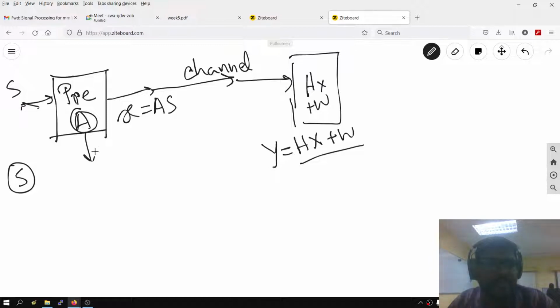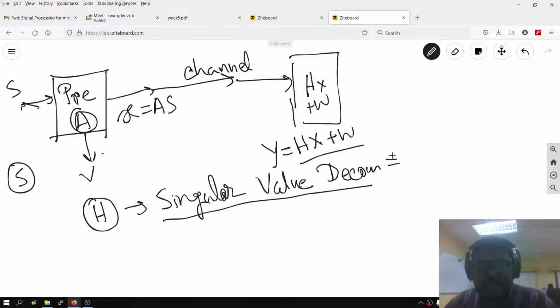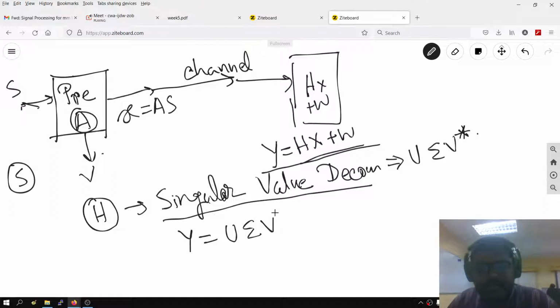Now the value of the precoder is given as V, and it is also said that this H matrix has a singular value decomposition, equal to U sigma V star. Let us substitute this equation here. So y is equal to U sigma V star, and x is equal to As, which is equal to Vs, as A equals V as mentioned in the option.